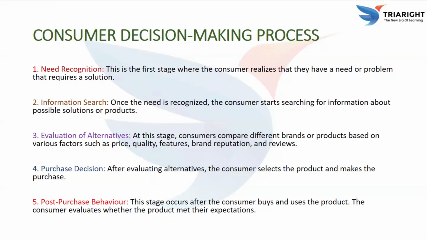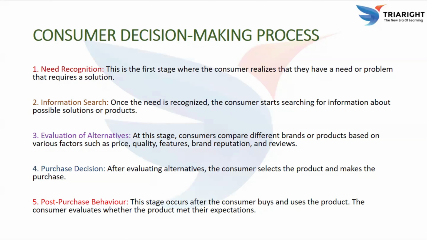They evaluate options based on price, quality, features, brand reputation, reviews, warranty, and after sale service. Purchase decision. After evaluation, the customer selects and buys the product. Even at this stage, decision can change due to sudden discount, negative review, out of stock, or peer opinion.